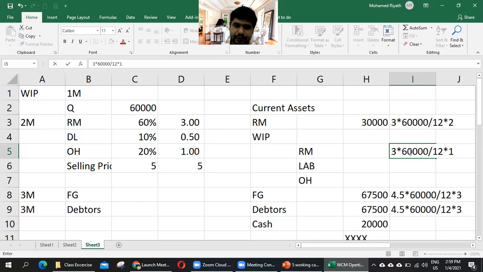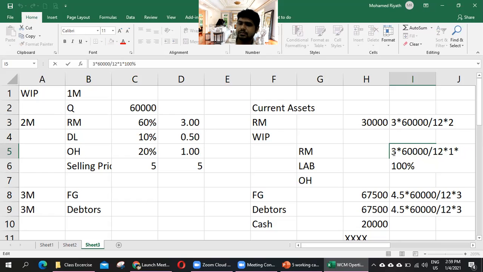Right, good. And it's work in progress, so we have to assume that 100% of the raw material has been utilized. 100%, right?